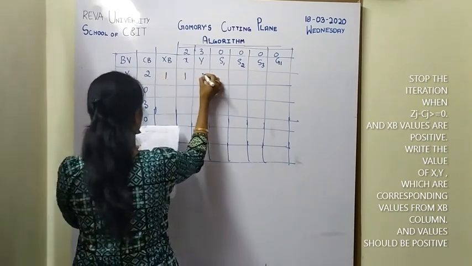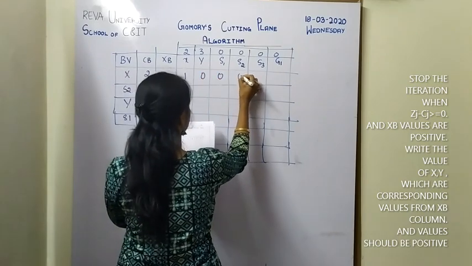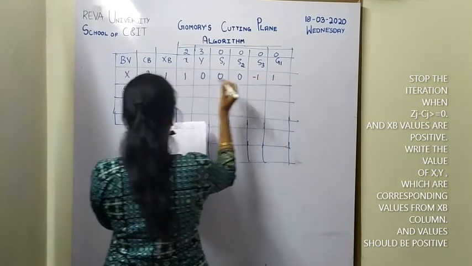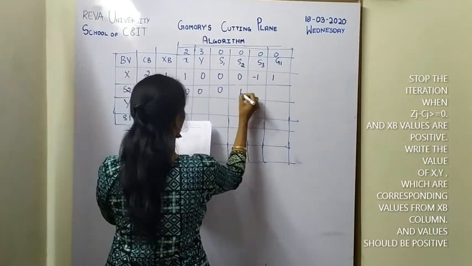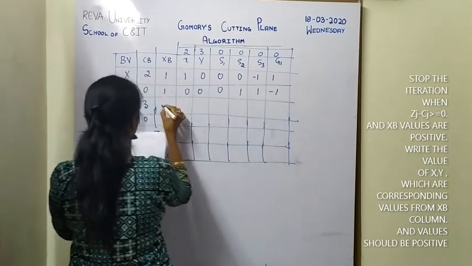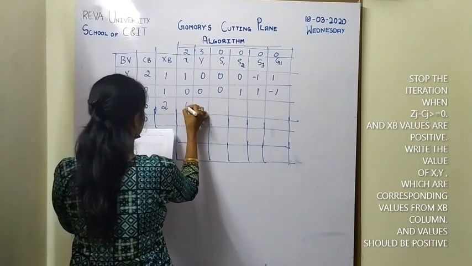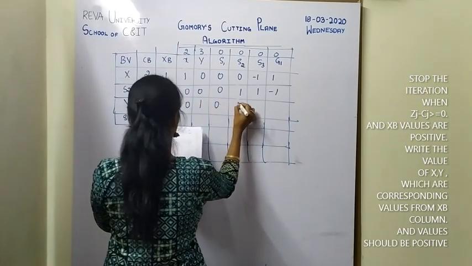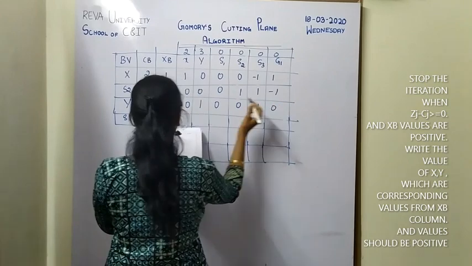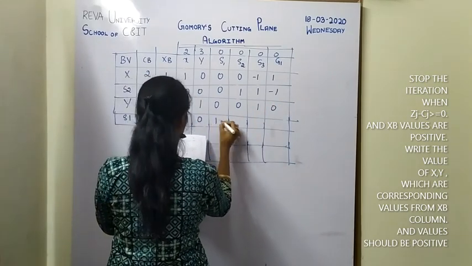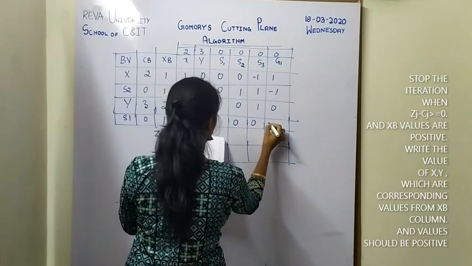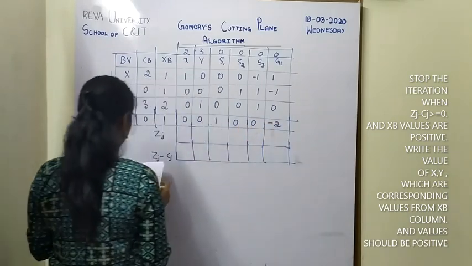1, 1, 0, 0, 0, minus 1, 1. 1, 0, 0, 0, 1, 1, minus 1. 3, 2, 0, 1, 0, 0, 1, 0. 0, 1, 0, 0, 1, 0, 0, minus 2.